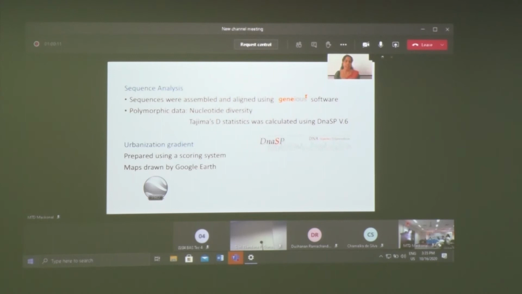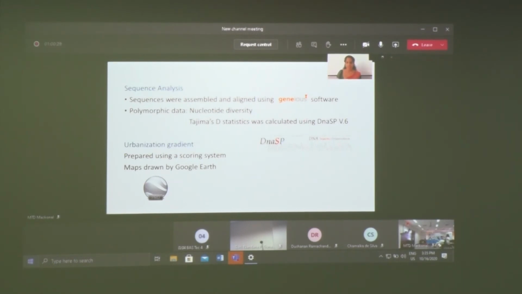I assembled and aligned sequences using the Geneious software as well as the MEGA 10 software based on the requirement, and statistics were calculated using DnaSP version 6.